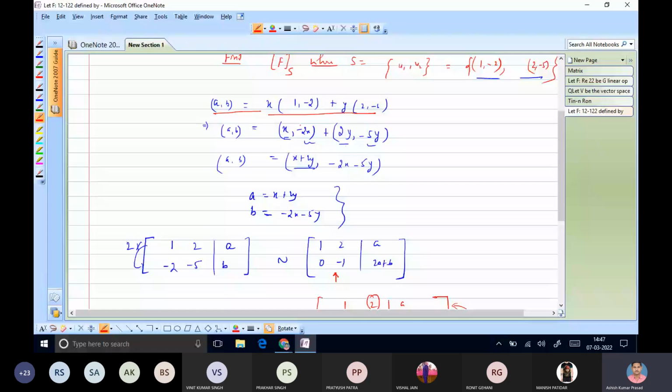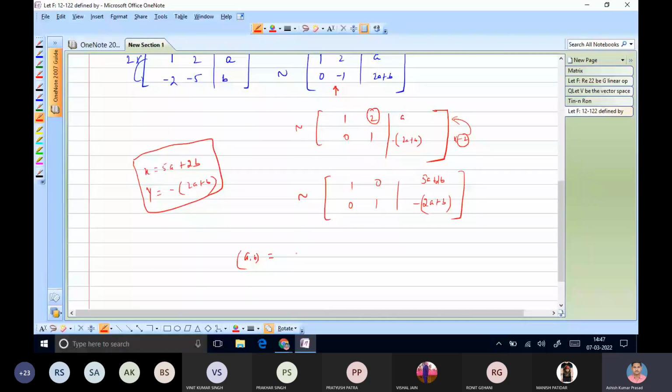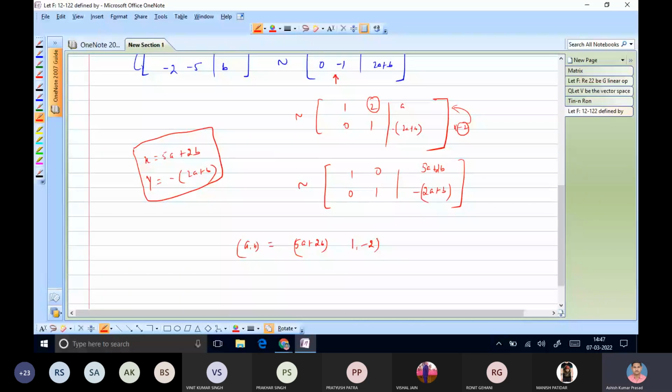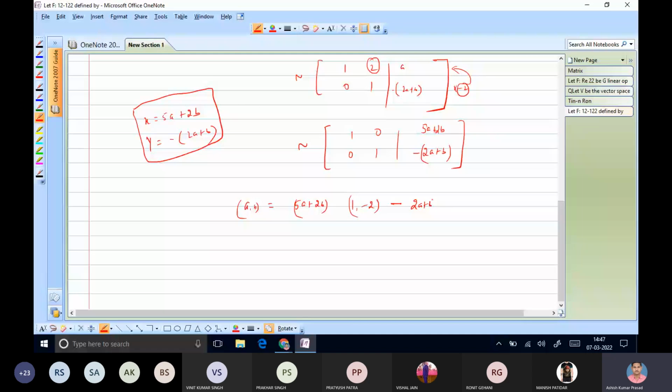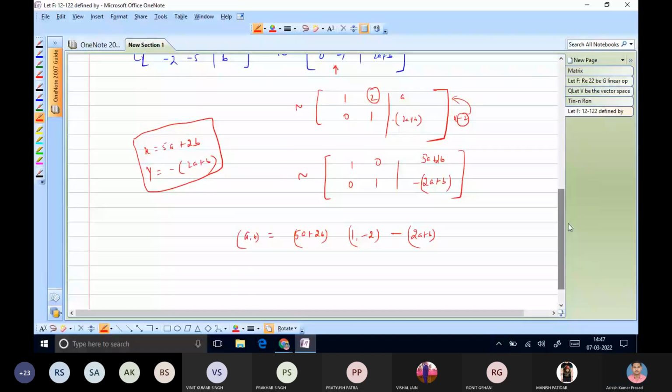So (a, b) is x times u1, where x is 5a plus 2b and u1 is (1, -2), plus y times u2, where y is minus of 2a plus b and u2 is (2, -5). Right? So this way I can find it.